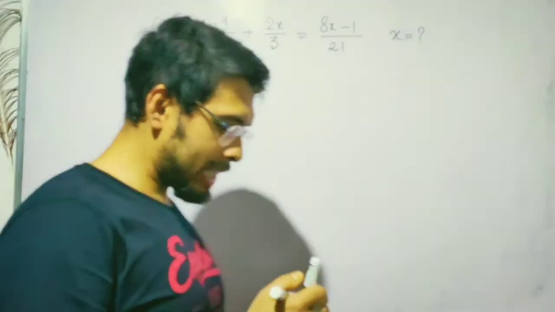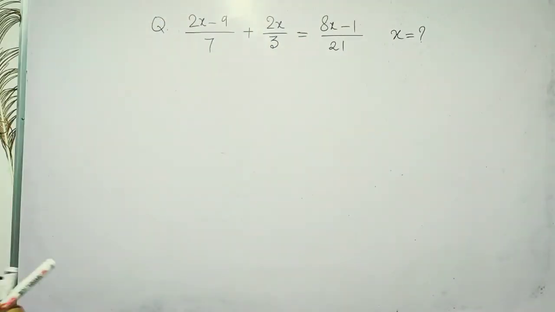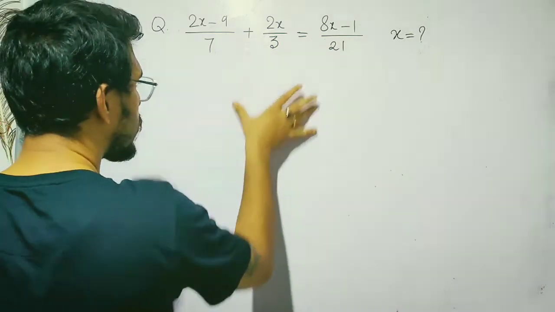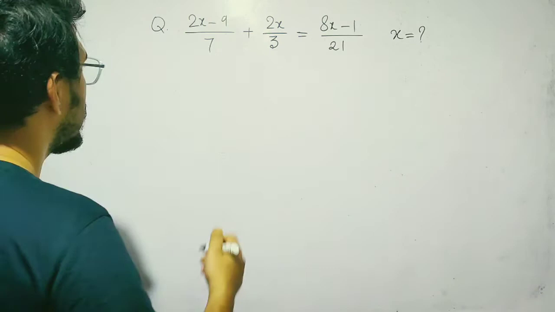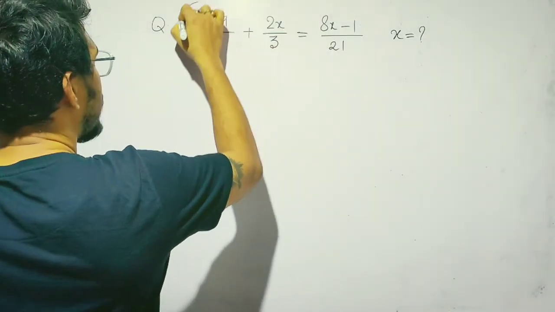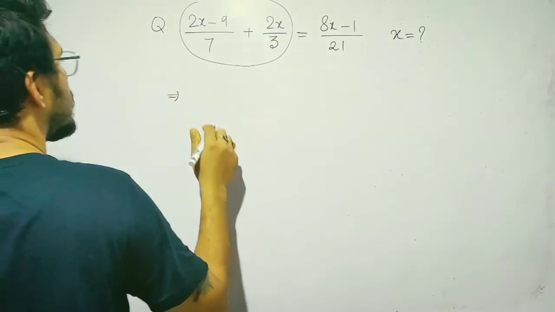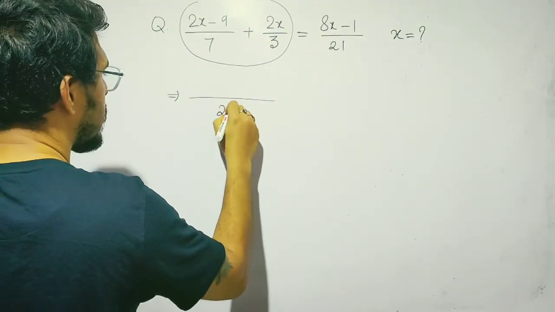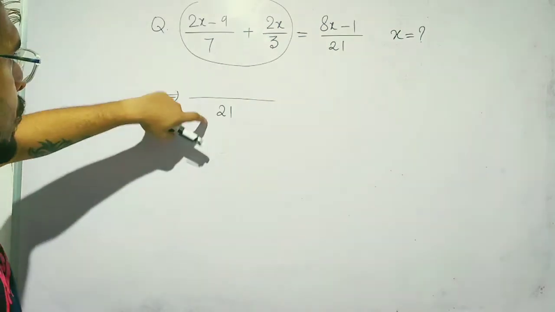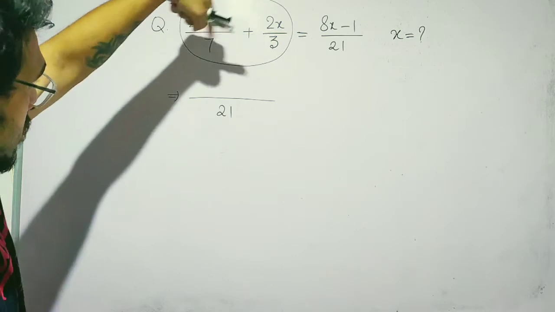So whenever you see that there is an equation where variables are lying on both ends, always in an equation do both of them simultaneously. Ultimately you will get something for x. So let us do the left hand side. What is the LCM? 7 and 3 should be 21. 21 divided by 7 should be 3. 3 multiplied by this one.